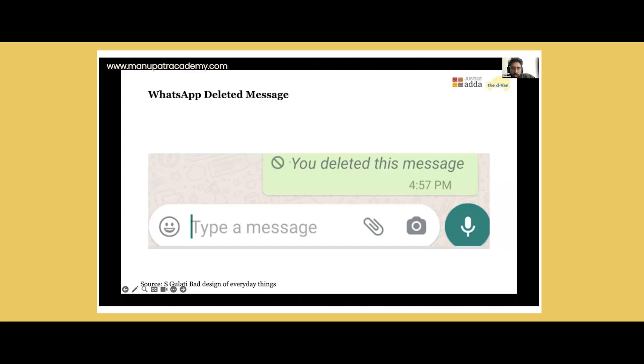Because from the two responses, I see that two people agree with this particular design. Okay, I don't like the design. If I am deleting it, I don't want the other person to know. Okay, the sole purpose of hiding the message becomes infructuous. Okay, great. So we have quite a variety of answers, and thanks for participating here.